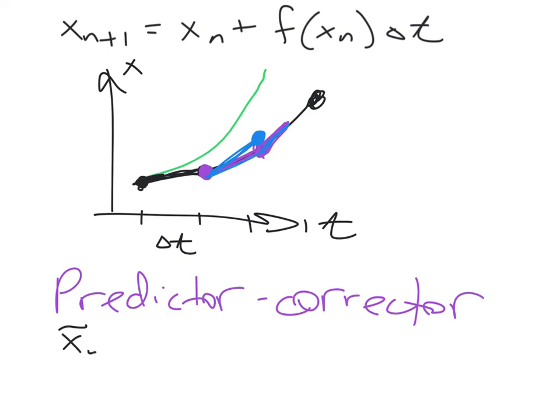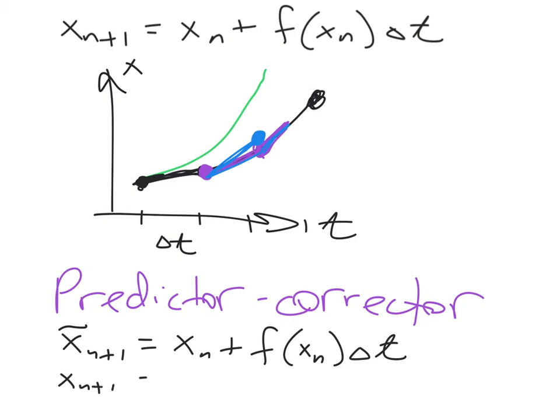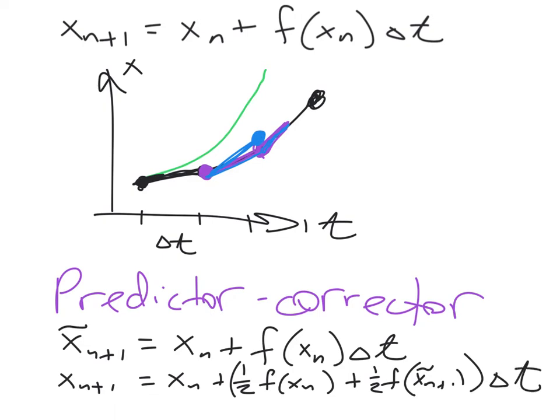X temporary n plus 1 is equal to x sub n plus f of x sub n delta t. And then x actual n plus 1, the point we'll actually use, is equal to x sub n plus 1/2 f of x sub n plus 1/2 f of x prediction sub n plus 1, all times delta t.